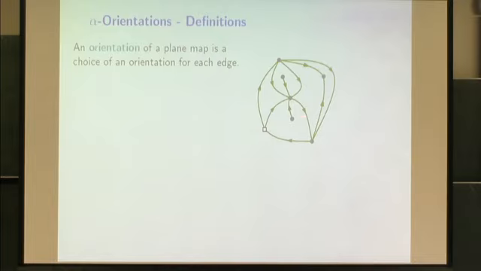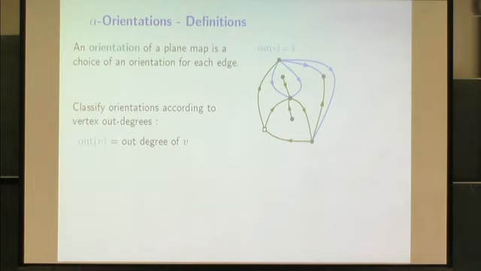I will just stress that I call them plane maps because I usually view them as embedded in the plane, that is with a rooted outer face, and this will allow me to talk about clockwise and counterclockwise orientation of cycles in my graphs without further notice.